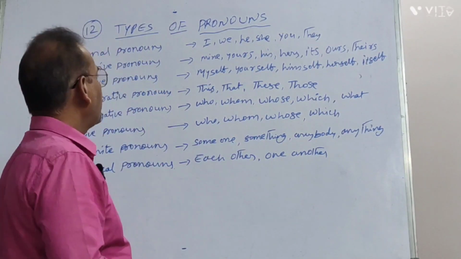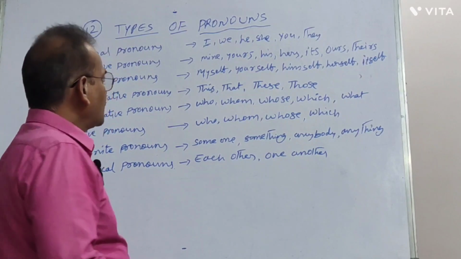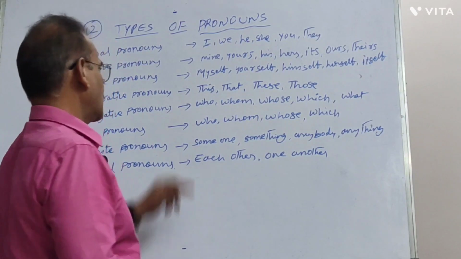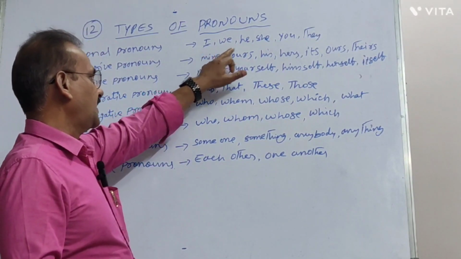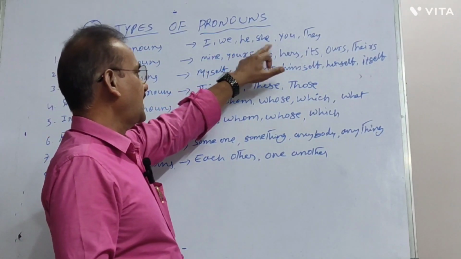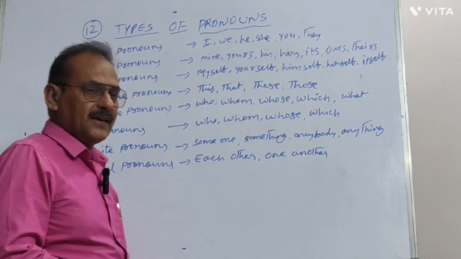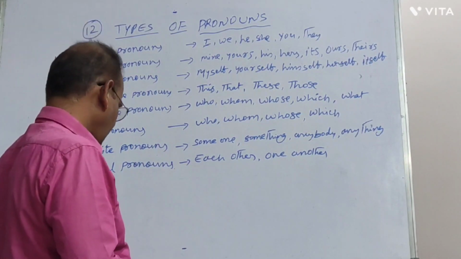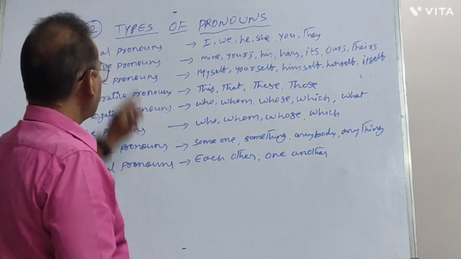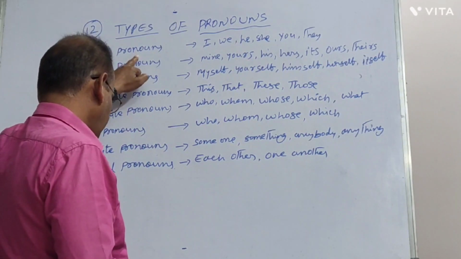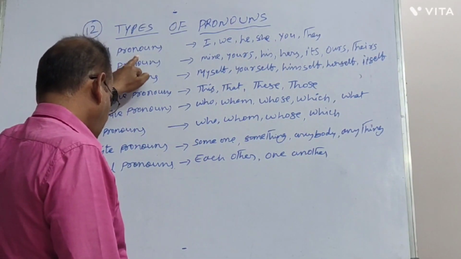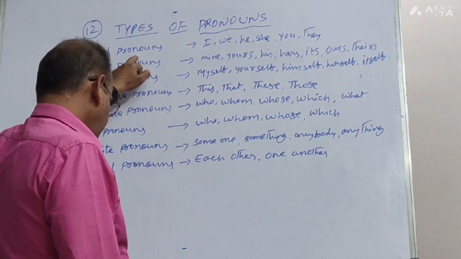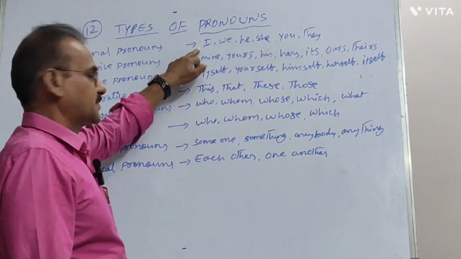The first one is personal pronoun. So what are the personal pronouns? I, we, he, she, you, and they. These are the examples for personal pronouns. In fact, these personal pronouns are used to refer to specific individuals or groups.